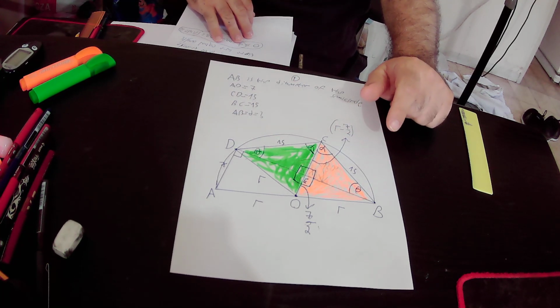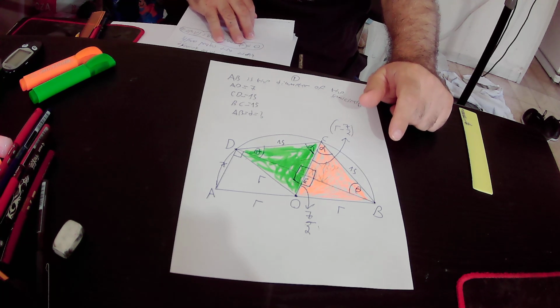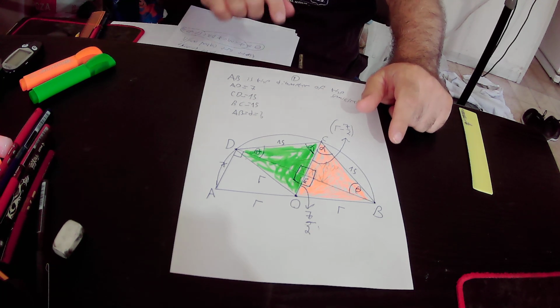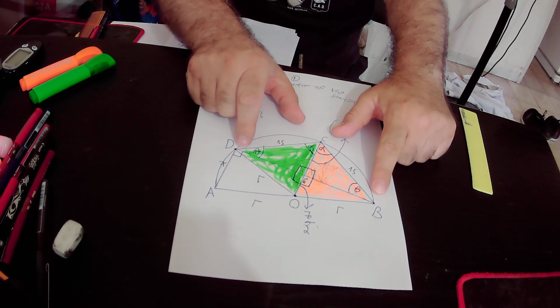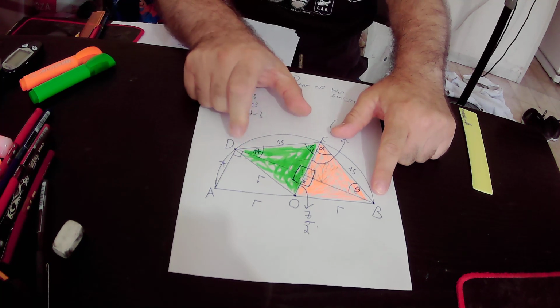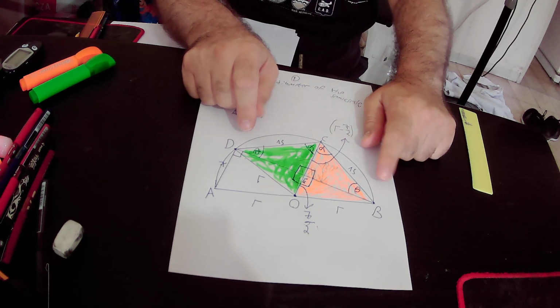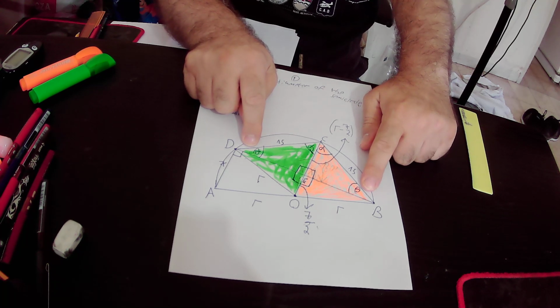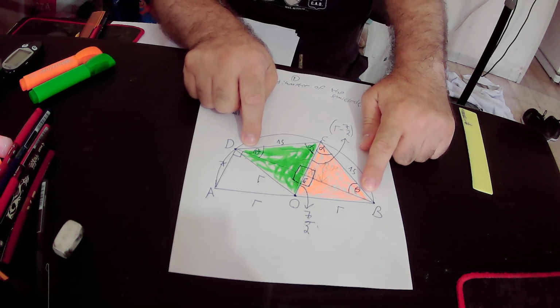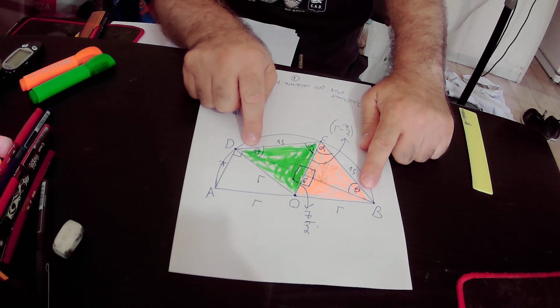And we have rule number 2 that states that in front of equal sides in a triangle there are equal angles. So in front of those sides that are equal to each other in triangle DCB, we have those angles, and according to rule number 2, those angles that are located in front of equal sides are also equal to each other.